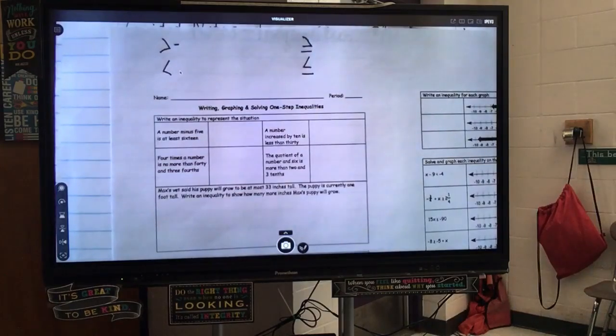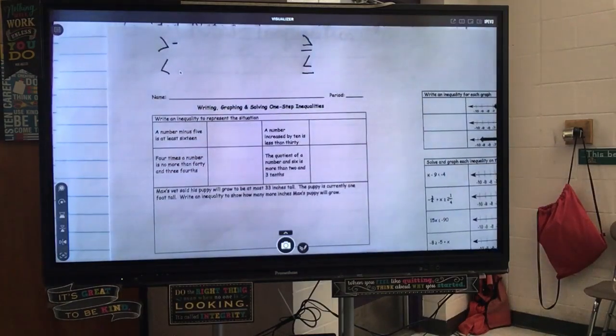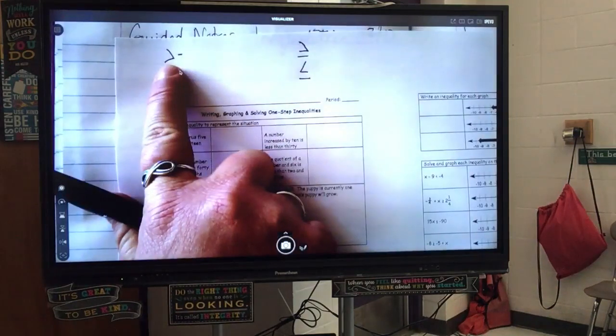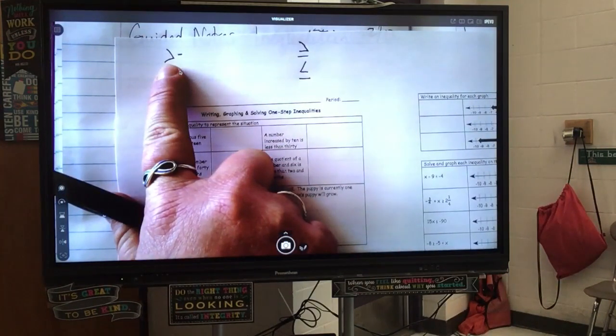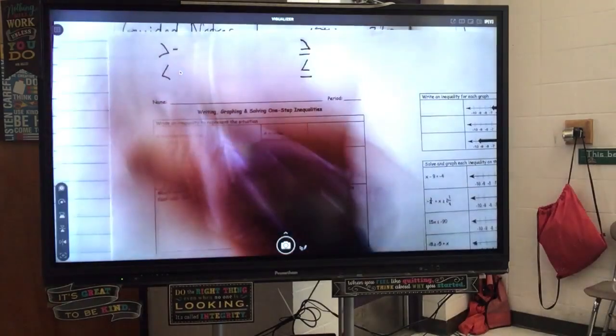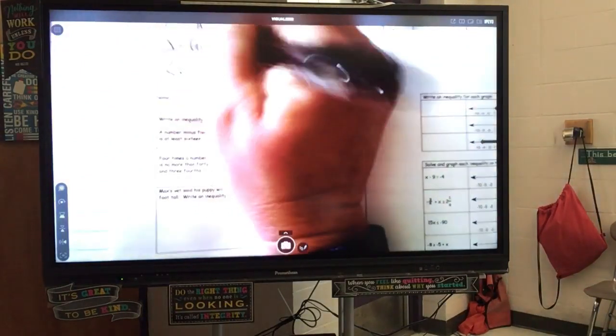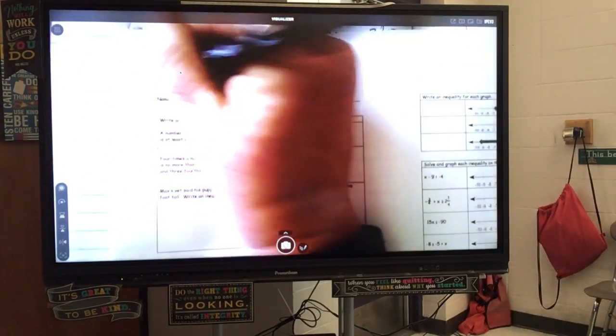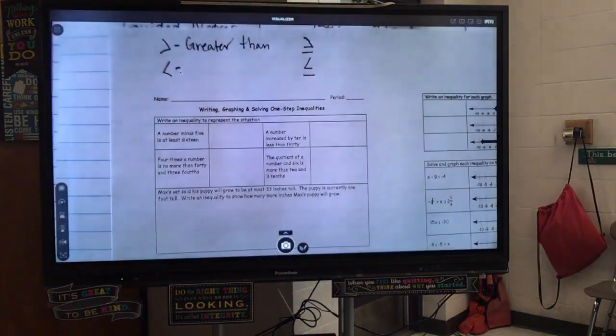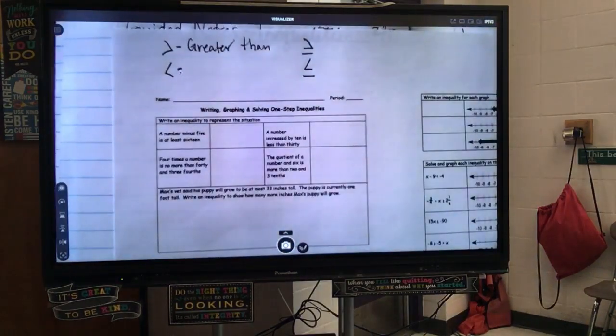Less than. So this one right here, we're saying is less than. Oh, I'm sorry. Greater than. Are you sure? Greater than. Positive. All right, so greater than. All right, one underneath it. What does that stand for? Christian, less than.